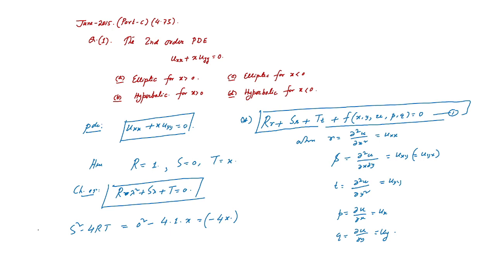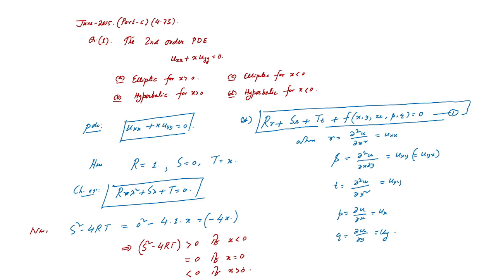Now when will it be greater than 0 and less than 0? This discriminant, S square minus 4RT, will be greater than 0 if X is less than 0, equal to 0 if X equals 0, and less than 0 if X is greater than 0.